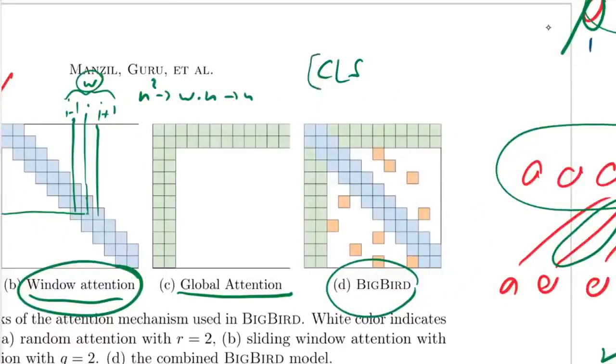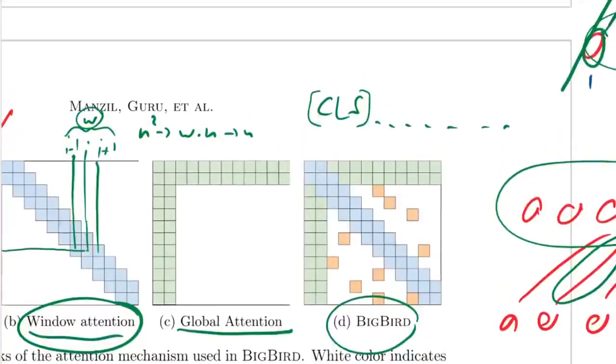This is a special token that you prepend to some piece of text, and the output of this token is going to be your classification output. If you need to classify the entire sequence, you don't want to bind that decision to one particular word. Instead you want an extra token, the CLS token, that aggregates information from all of this.